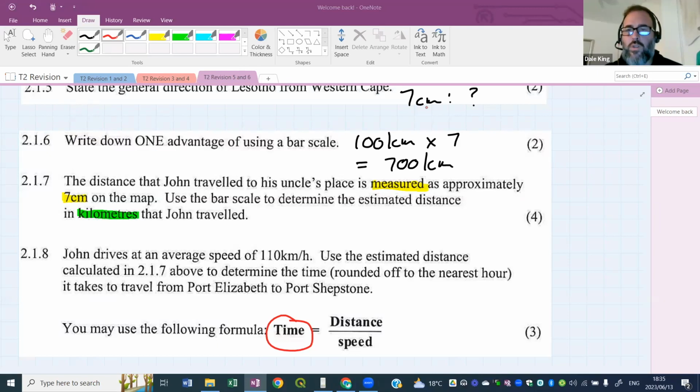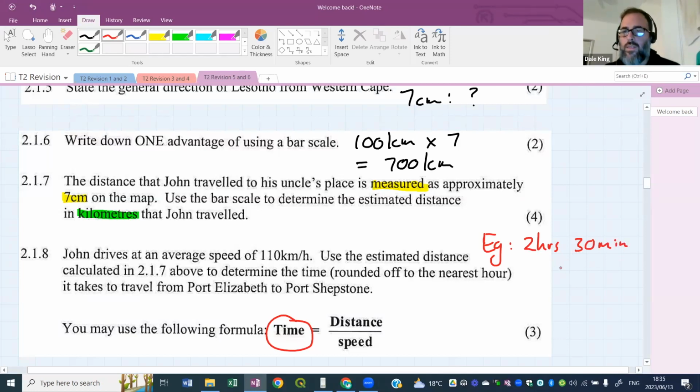Okay. So, for example, I'm going to write an example here. If I say 2 hours and 30 minutes, that's one format that we can write time in, right? That's called hours and minutes. That's the hours and minute format.